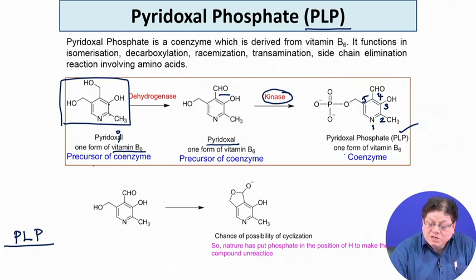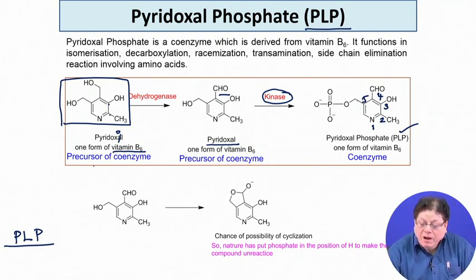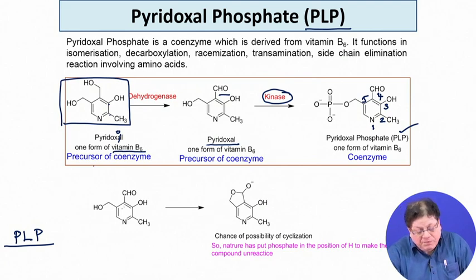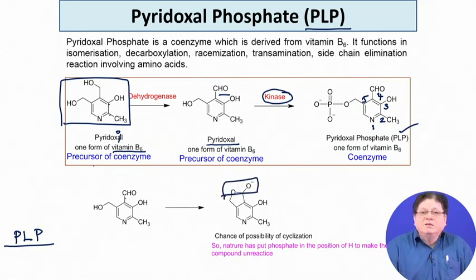Now, just a curiosity: why has nature adopted this way to protect the 5 hydroxymethyl? What was the problem? If it was free, and remember, there is an aldehyde at the 4th position, this is very well known in sugar chemistry, that a hydroxyaldehyde can form a hemiacetal linkage like this, provided the ring size is either 5 or 6 membered.